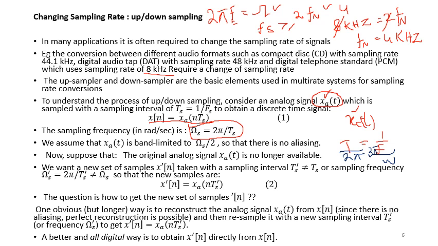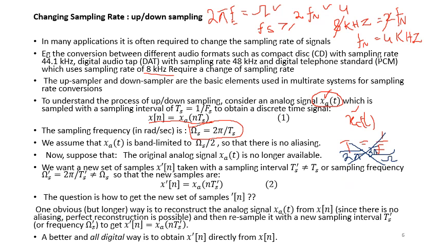Now if I cross multiply, we denote the frequency by omega. Capital omega represents the continuous time signal frequency.